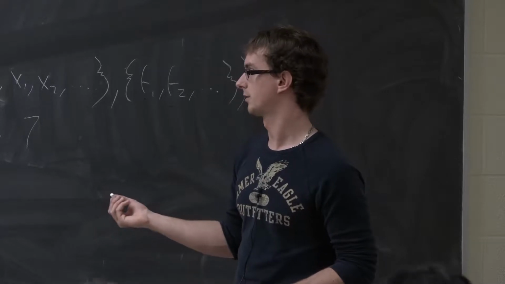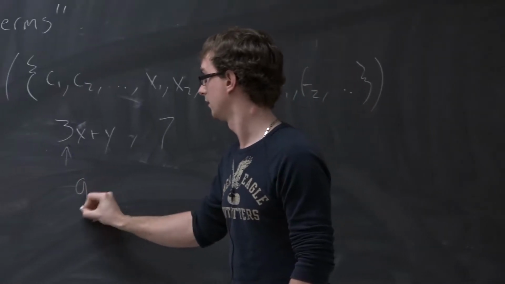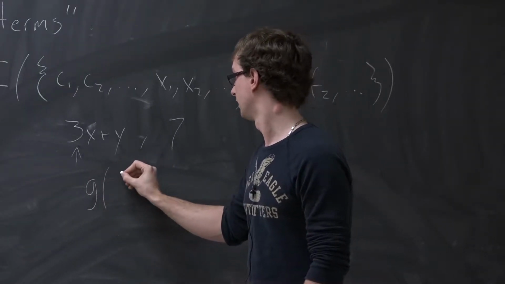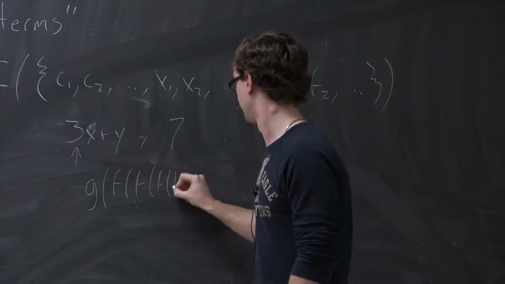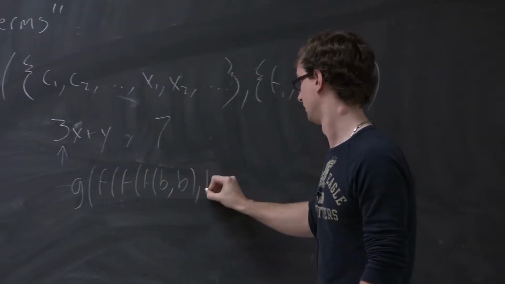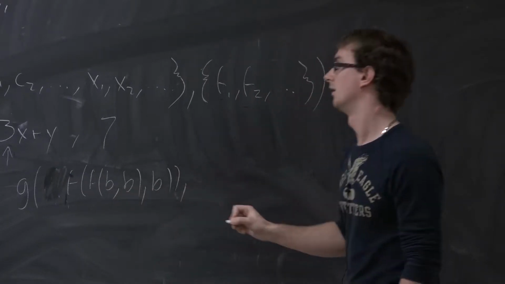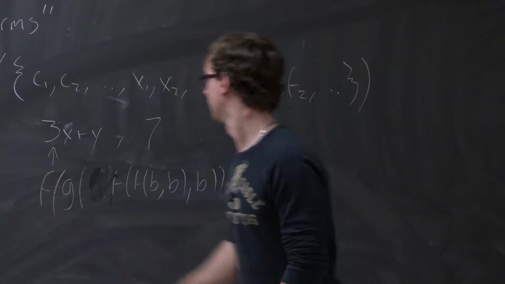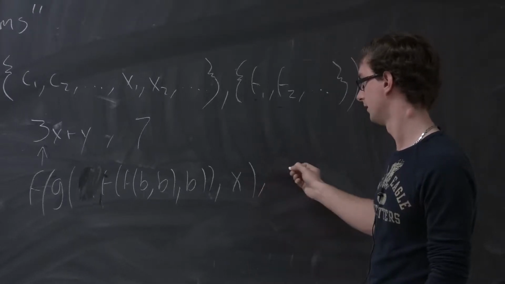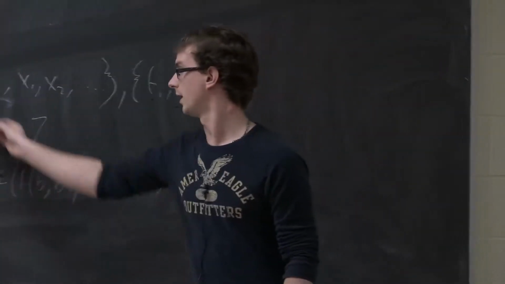So if we wanted to actually represent that syntactically, what we'd be doing is something like G, F, F, B, B, X. Right, so you can see how this is kind of annoying. We like to think of things in these terms rather than these terms. But today what we're going to do is show how you can get to things like that.